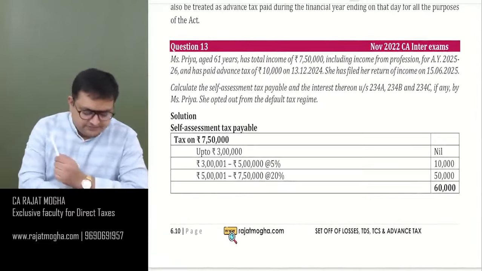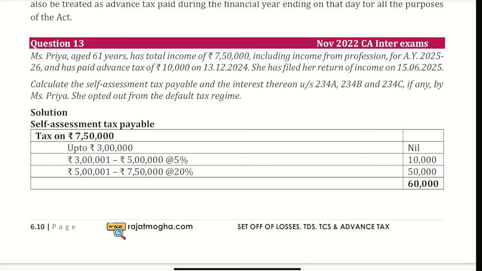Question number 13. It says, Miss Priya, age 61 years, has total income of 7,50,000, including income from profession, and has paid advance tax of 10,000 rupees on 13/12/2024.